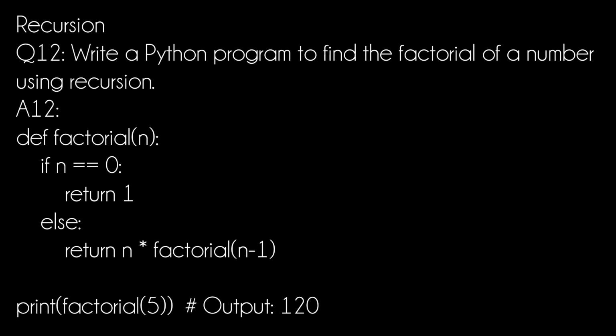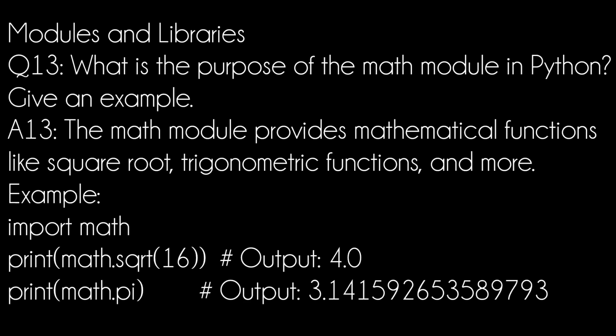Recursion. Write a Python program to find the factorial of a number using recursion. Modules and libraries. What is the purpose of the math module in Python? Give an example.